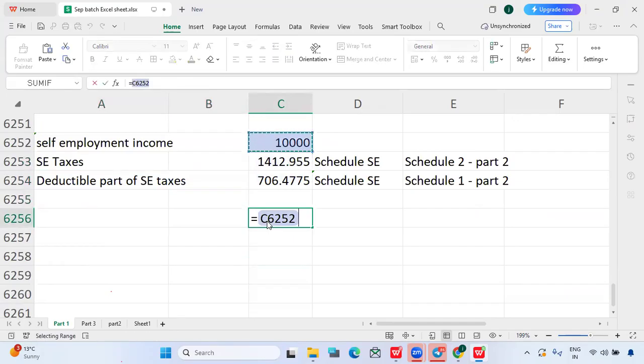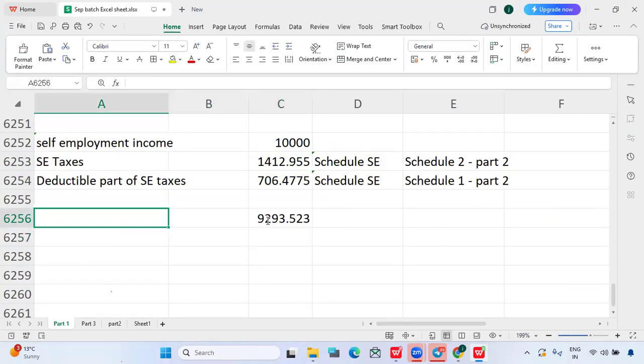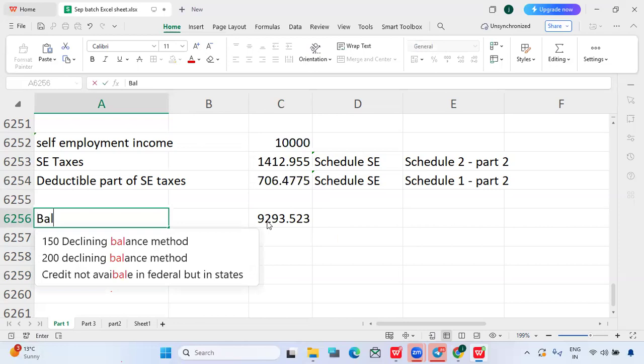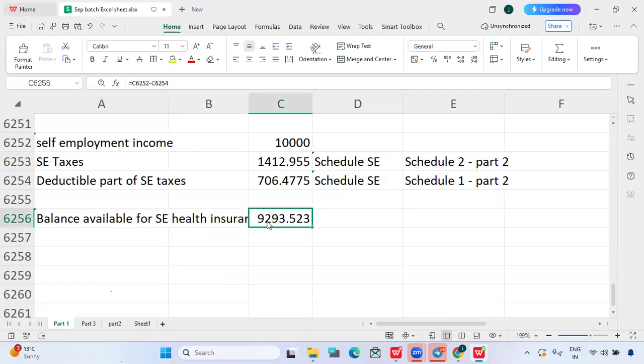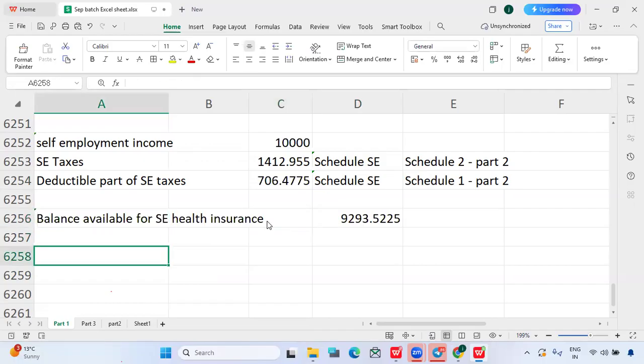So 10,000 minus 706 is 9,293, which is the balance available for self-employed health insurance. If you want to take any insurance you can, but how much limit do we have? We have 9,293.